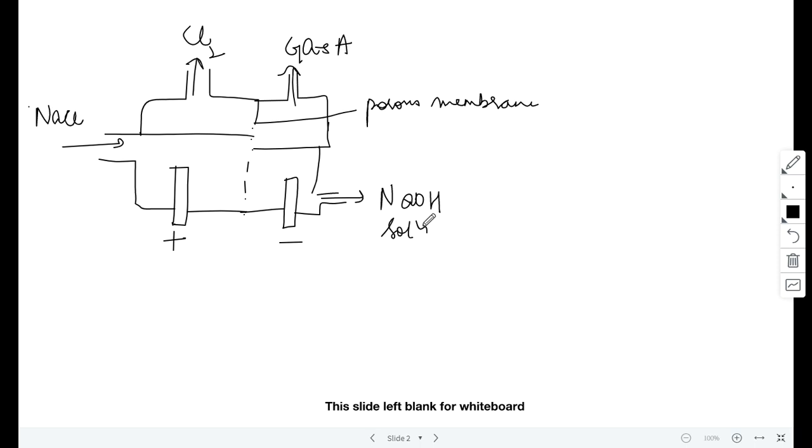I am not asking related to this particular cell. When they ask you to explain the meaning of electrolysis, you have to give a nice definition for that. Just a definition. What happens when the electric current is passed through an ionic substance?